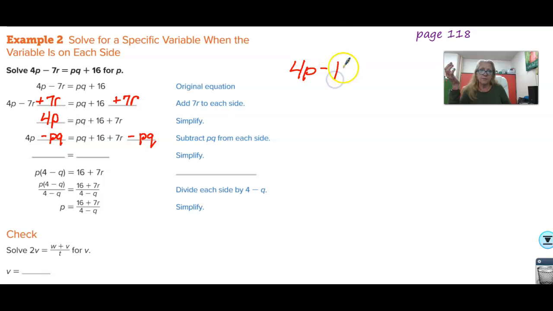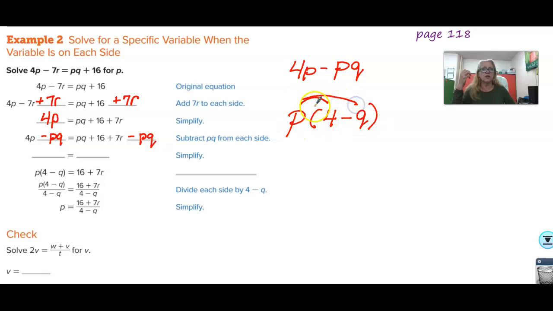minus pq. Now, factoring is basically reversing the distributive property. Here is what it would have looked like before we distributed it. Okay? This is what happened. They distributed the p to both of these terms and got 4p minus pq.